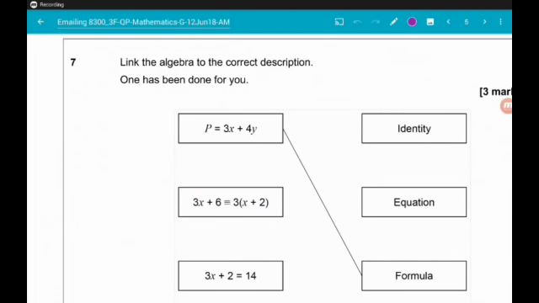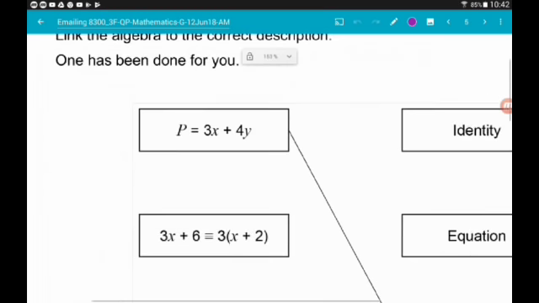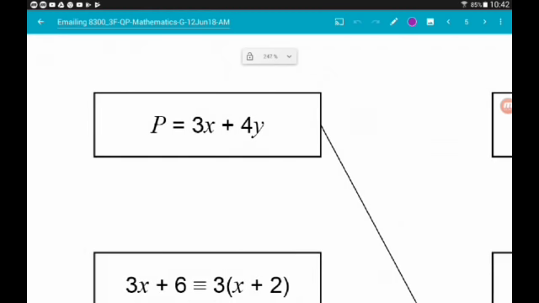Question 7 wants us to link algebra on the left to a description on the right. One has been done for us. So, this first one, P equals 3x add 4y, is a formula because there is more than one letter involved. That makes it a formula.